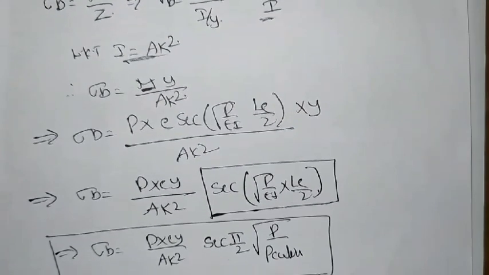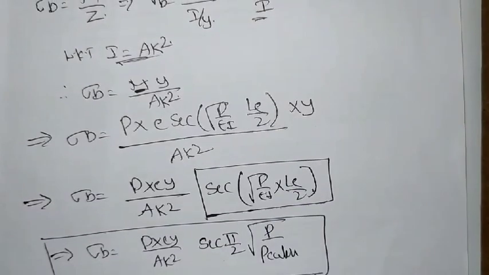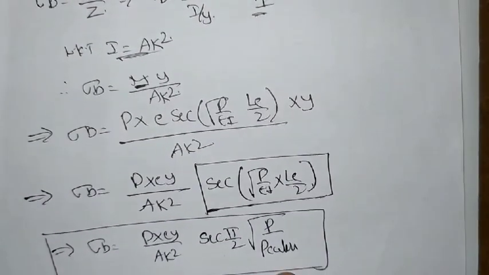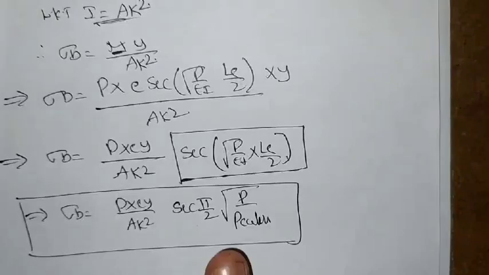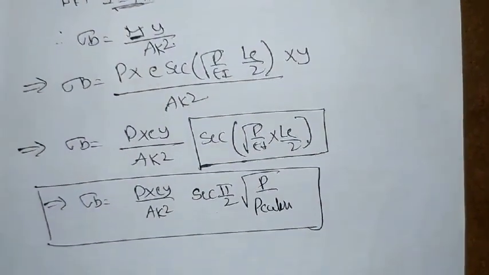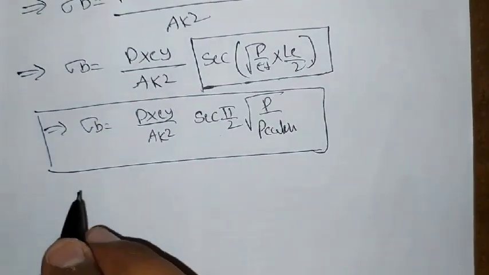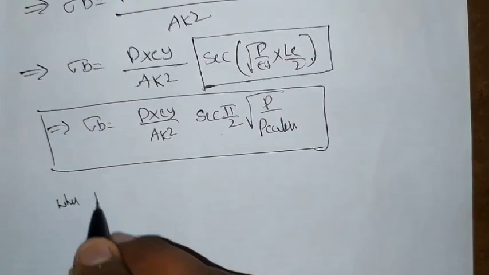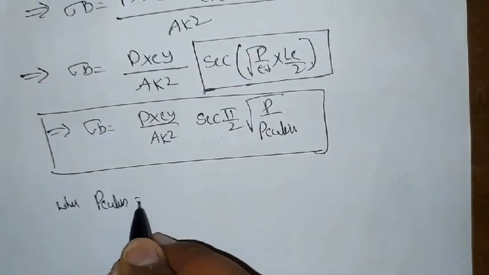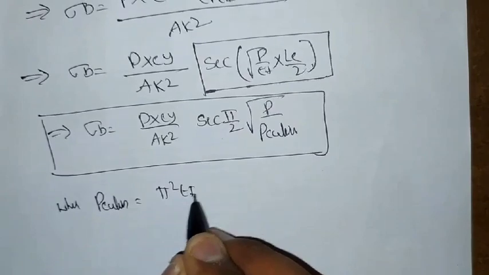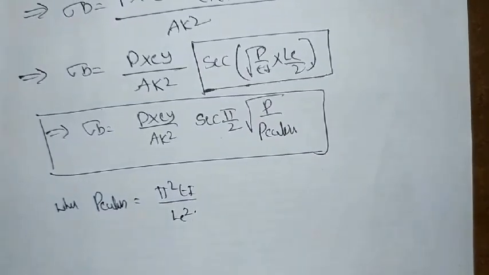Now we will see how this equation, secant pi by 2 root of P divided by P Euler, has come. This is not strictly needed, but for your reference I am going to solve it. P Euler can be written as pi square EI by Le square.